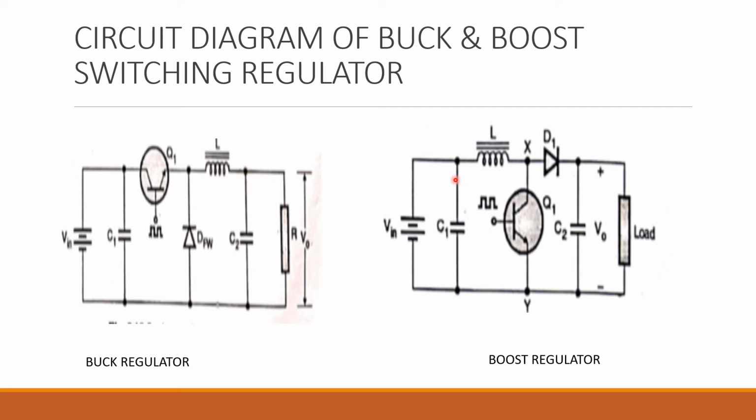Now let us go to boost regulator. For on period of pulse, transistor is short circuited. X and Y, these two terminals are connected. Current will flow from inductor and through short circuit. Diode is reverse bias.